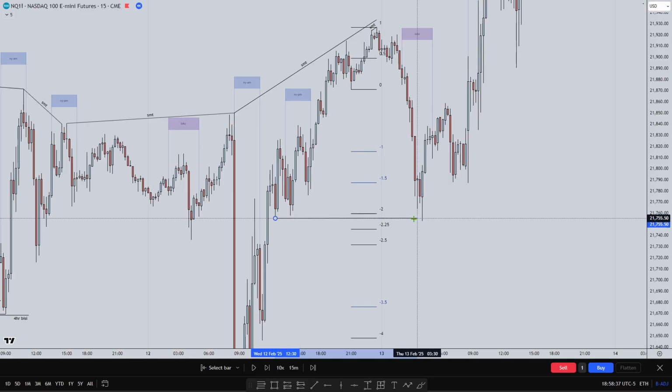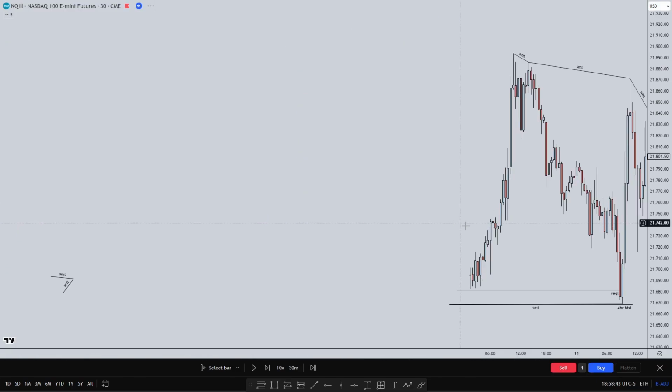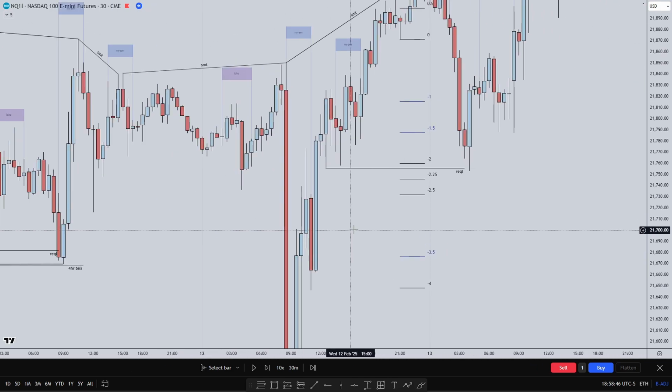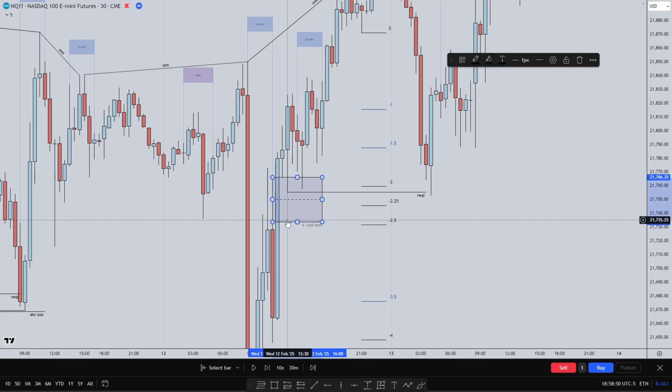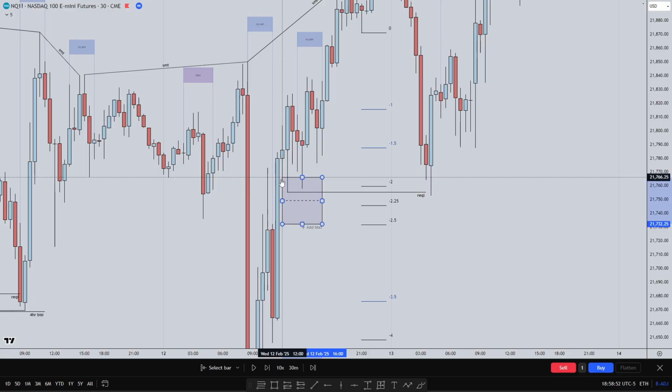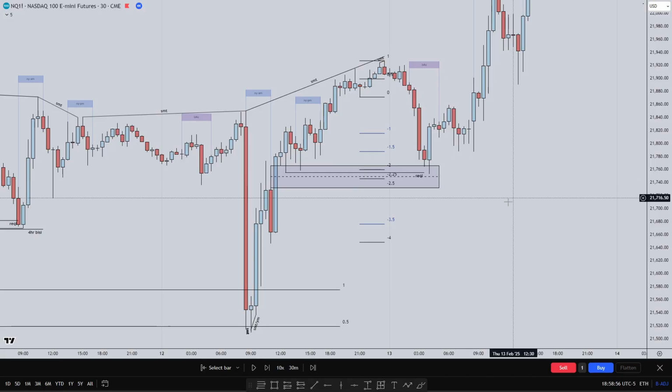These relative equal lows within this 30-minute fair value gap. Right?